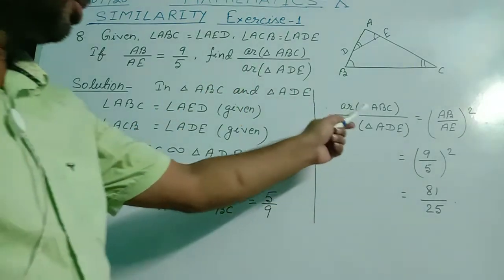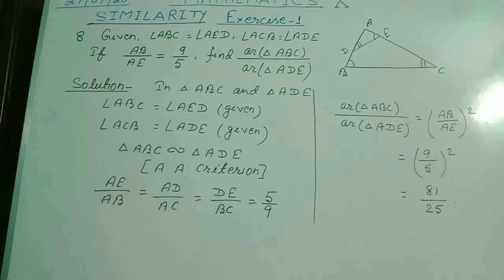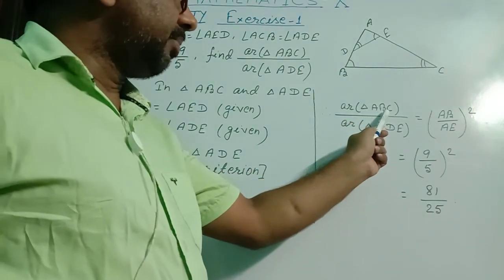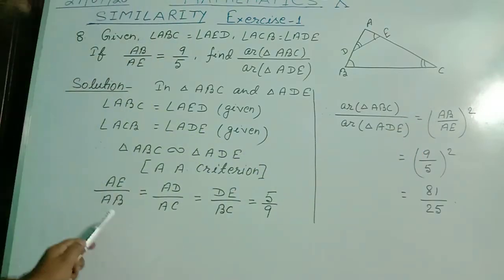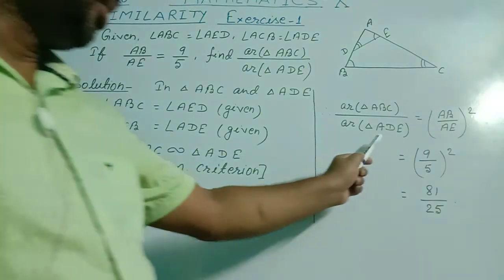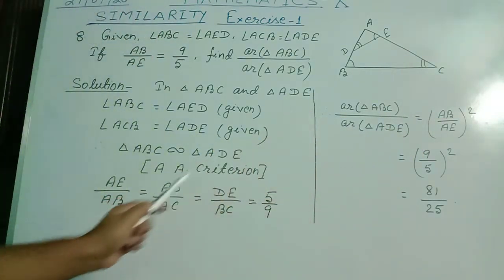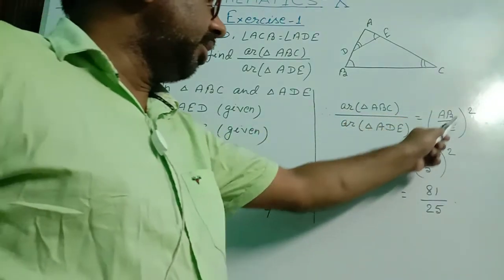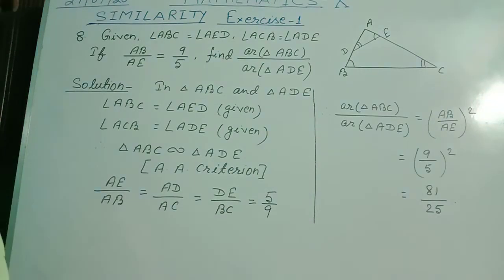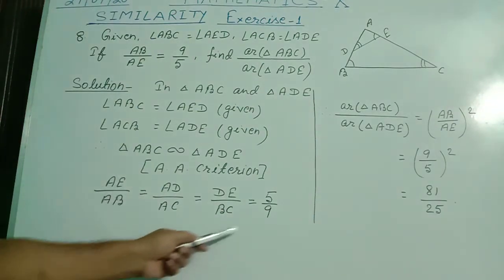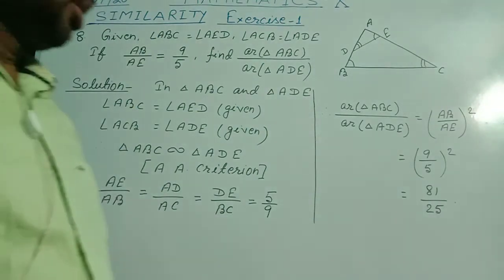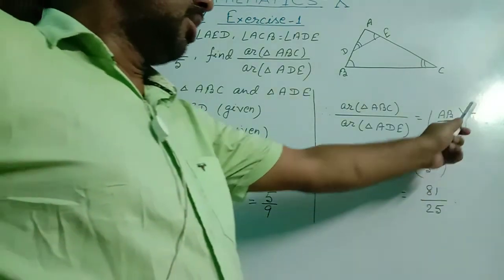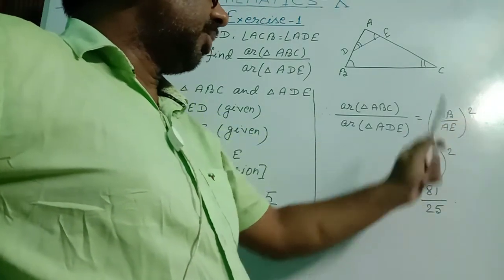Area of triangle ABC by area of triangle ADE. For that we need the side of ABC, that is AB, and the side of ADE, that is AE. So again I wrote AB by AE whole square. This part you also know: after writing the ratio of corresponding sides we come to the ratio of areas of those two triangles, that is equal to the square of the ratio of the corresponding sides.